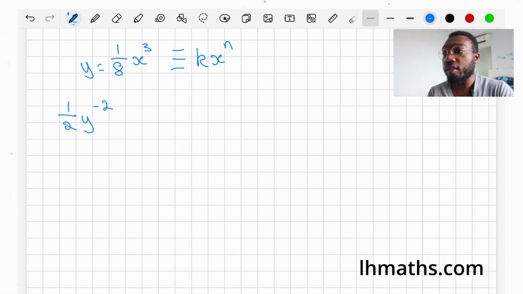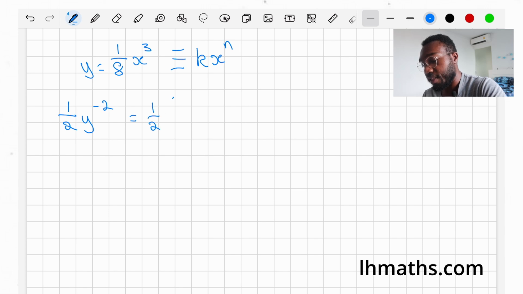Okay, so for the next part of the question, we have the same thing. We have y is equal to 1 over 8 x to the power of 3, but now we have a half y to the power of negative 2. So for this question, what that would look like is we have a half here that is being times by all of y, which is 1 over 8 x to the power of 3, and that is being raised to the negative 2, okay?